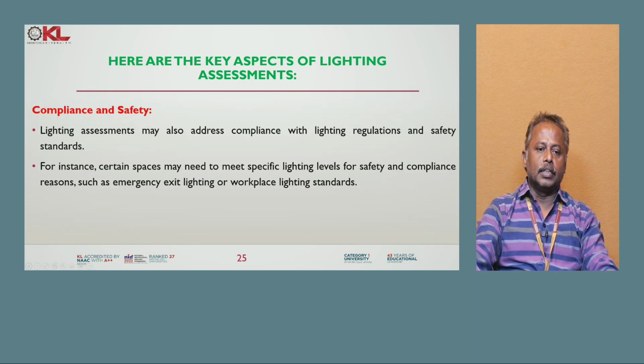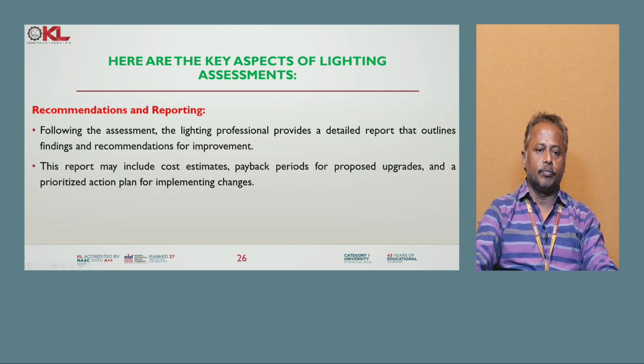Next, compliance and safety. Lighting assessments may also address compliance with lighting regulations and safety standards. For instance, certain spaces may need to meet specific light levels for safety and compliance reasons, such as emergency exit lights or workplace lighting standards.